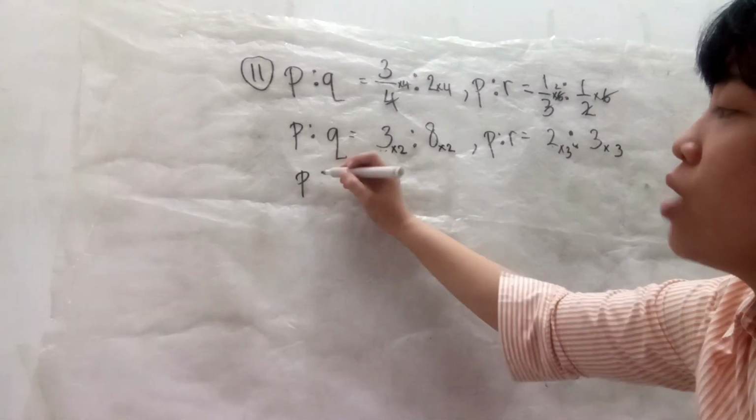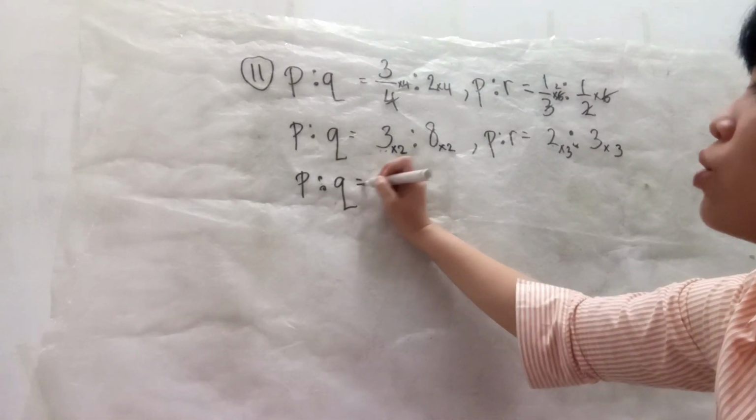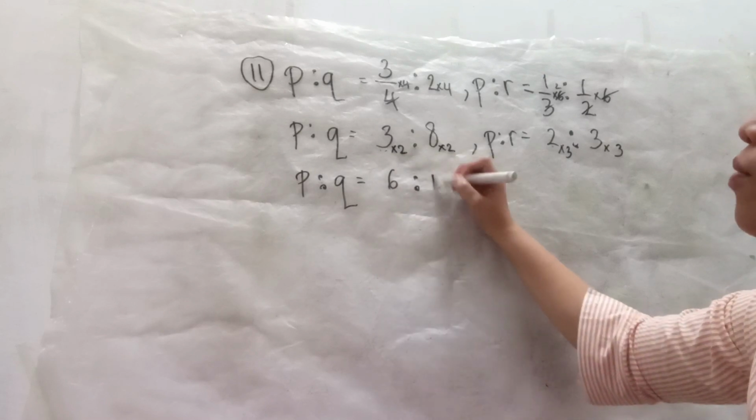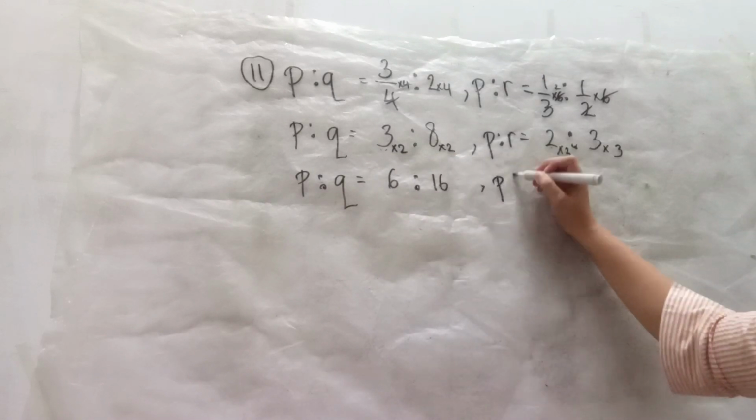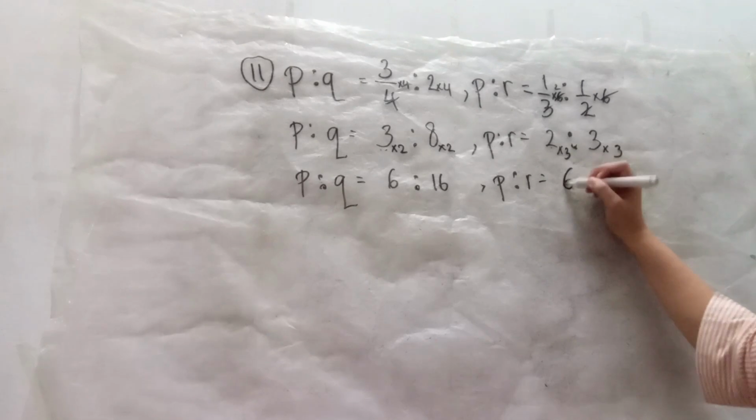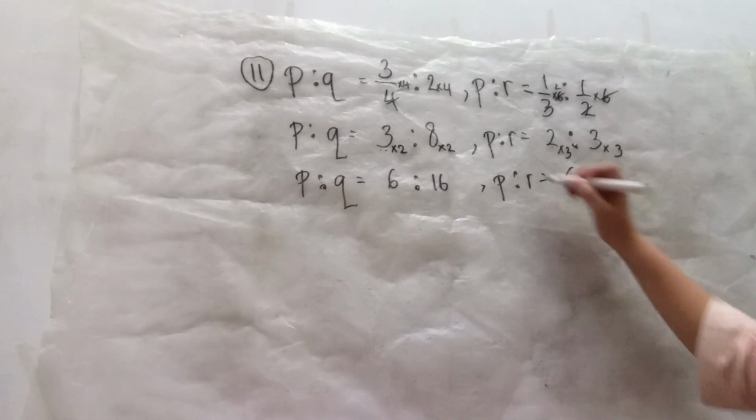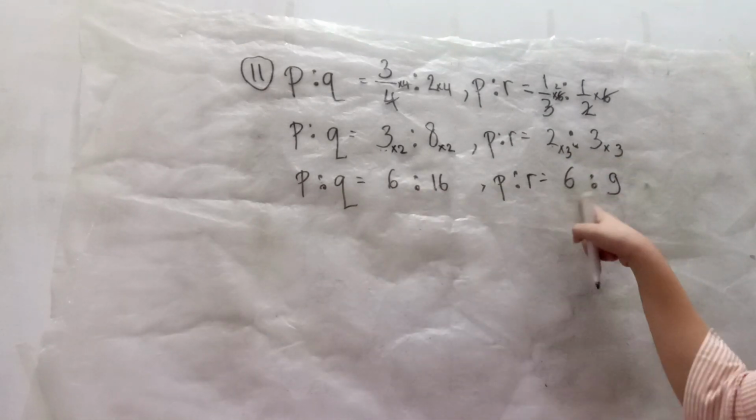So P to Q now equal to 6 to 16. And then P to R is 6 to 9. So now P here is 6 and 6.